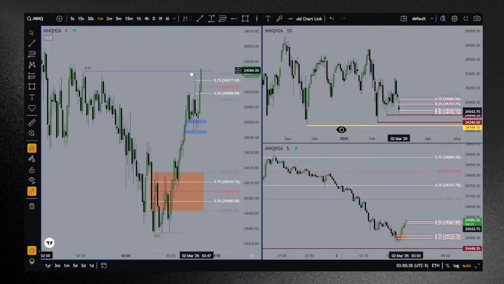So there we go, we got the relative equal highs buy side, small little fractal completed, and now we're basically needing to wait and see what we do.